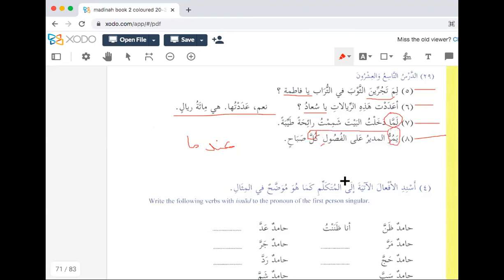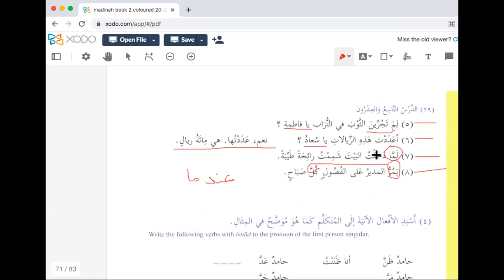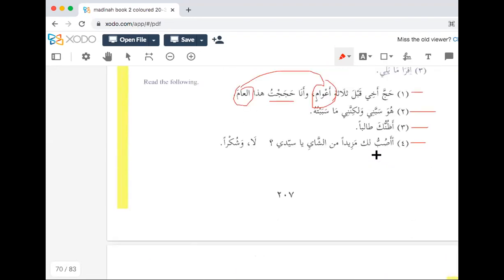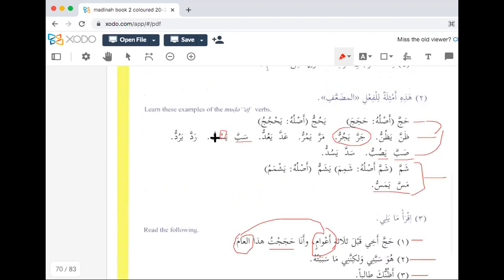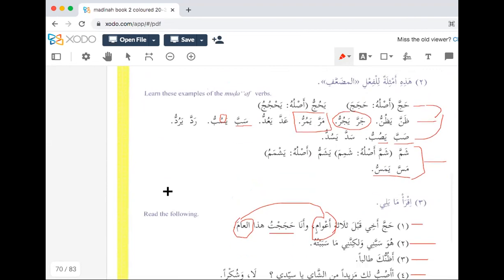It's related to the verb. يمر. What's the meaning of يمر? From marra, yamurru, to pass by. I think we have it up here in these verbs. There you are. Marra yamurru. What does marra yamurru mean? To pass by something.